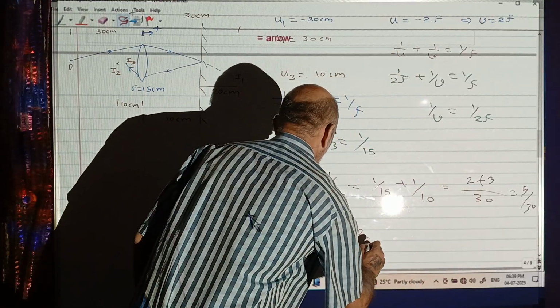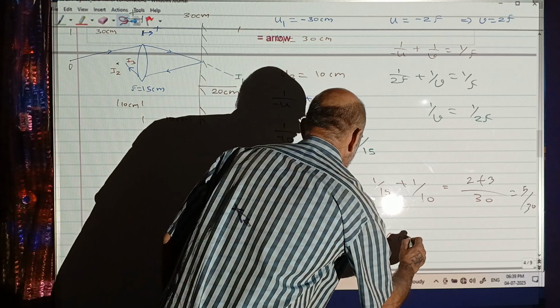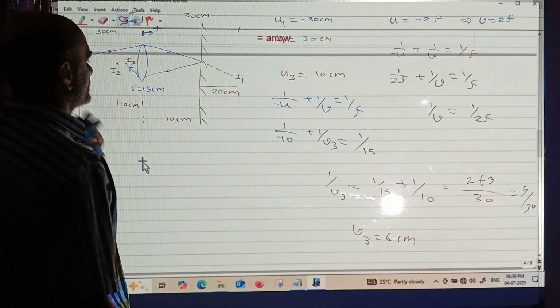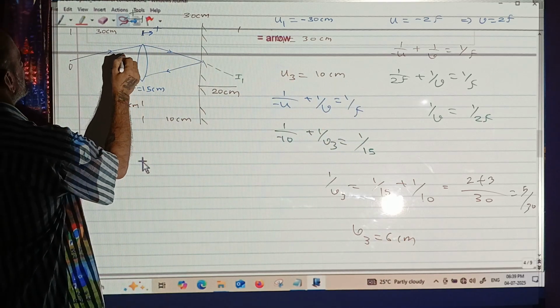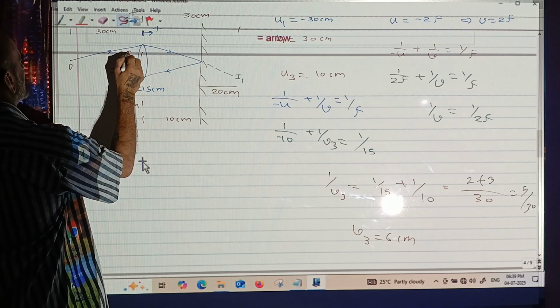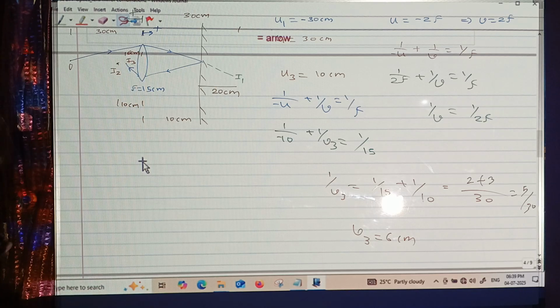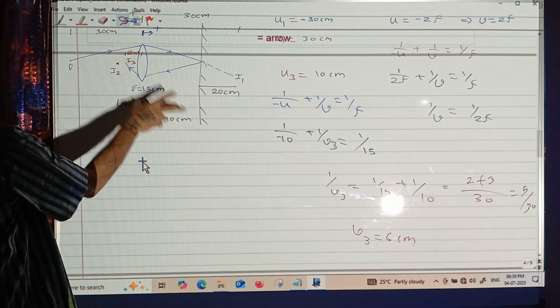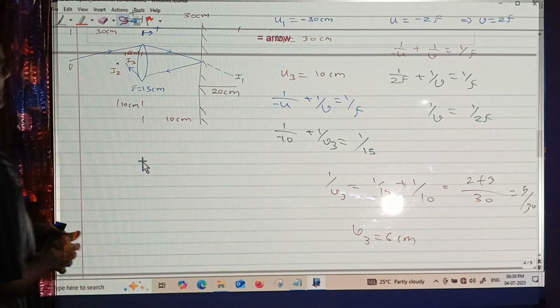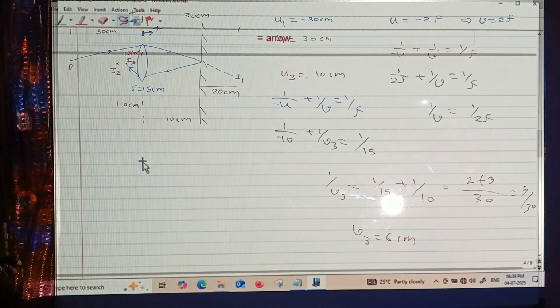So V3 is 6 centimeters, and it's plus 6. So this distance is 6 centimeters. So the image is at a distance of 6 plus 10, 16 centimeters from the plane mirror. And it's a real image, because the rays coming here are convergent rays.